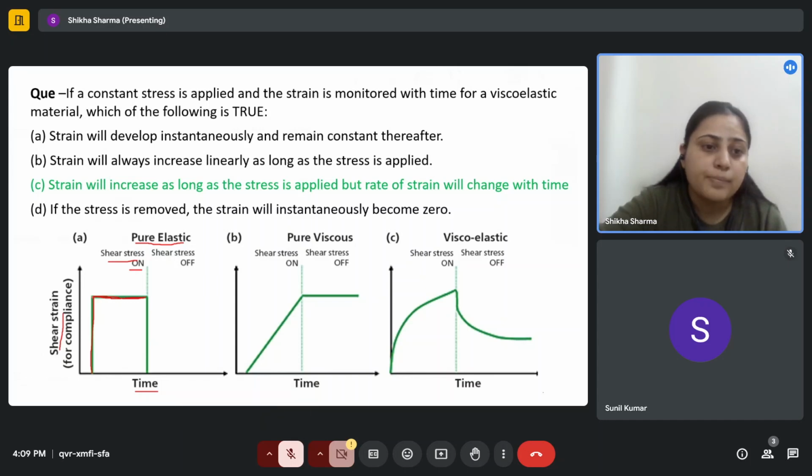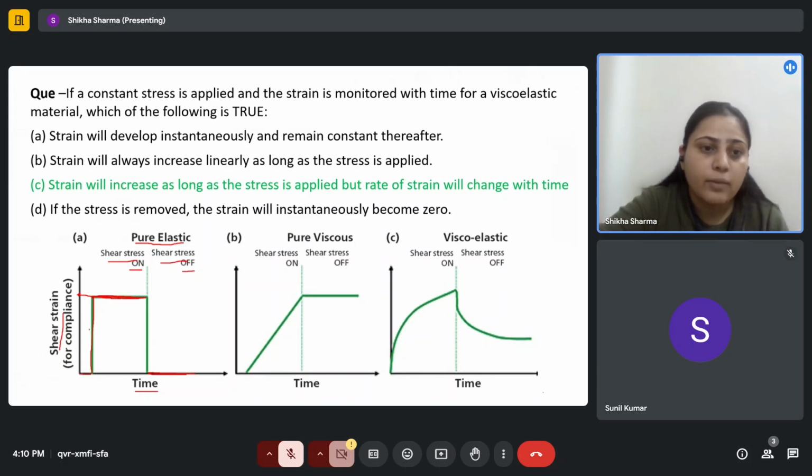So what is happening, then there will be some amount of strain in the material, and as we release the stress, the shear stress is off. When we remove the stress, at the same time the value of strain will become zero. So when we have not applied the stress, strain will be zero.